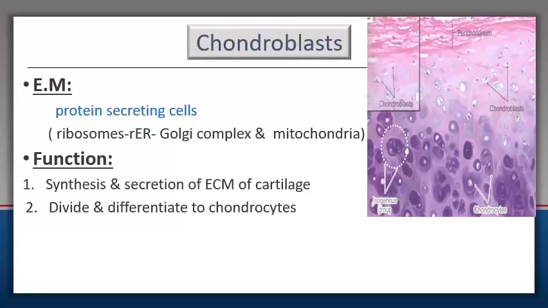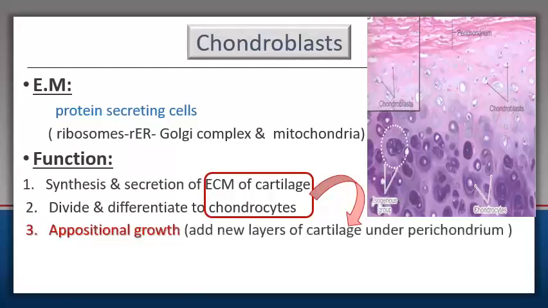Chondroblasts lie in the inner chondrogenic layer of the perichondrium. They secrete cartilage intercellular matrix. They also divide and differentiate to give chondrocytes. These two characters, production of extracellular matrix of cartilage and differentiation to chondrocytes, lead to growth of cartilage, which is called appositional growth.